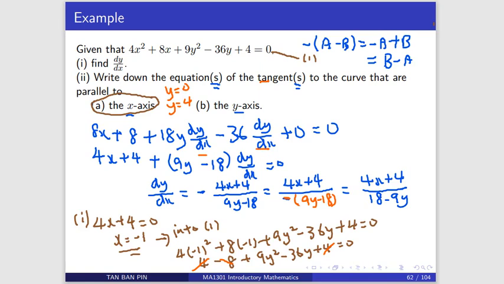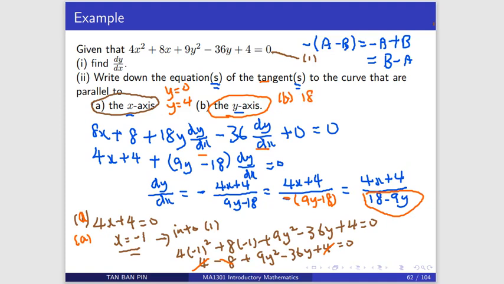Next, you consider a tangent line parallel to the y-axis. If you have a tangent line parallel to the y-axis, then you consider the denominator 0. The denominator is 18 minus 9y. So for part B, you consider the denominator 0.